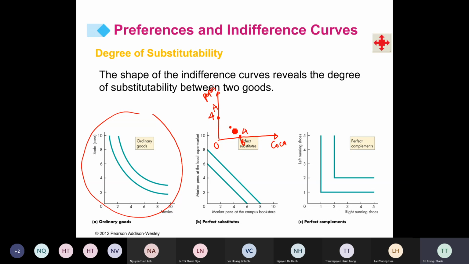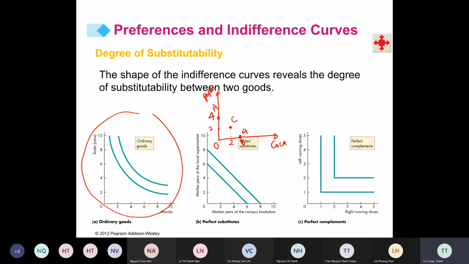Or I can find another point C where I buy 2 Pepsi and 2 Coca. So in this figure, I found 3 points A, B, C, giving me the same level of satisfaction.